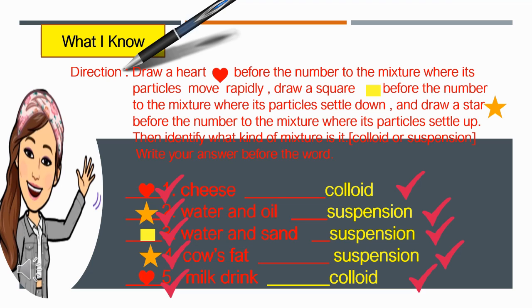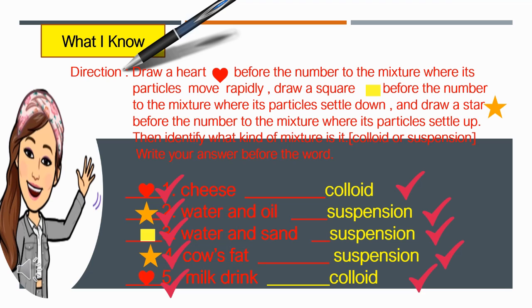Correct. Kind of mixture: suspension. Again, correct. Number 3, the word water and scent. You draw a square, meaning its particles settle down. Very good. Correct. Kind of mixture: suspension. Again, correct. Very good.